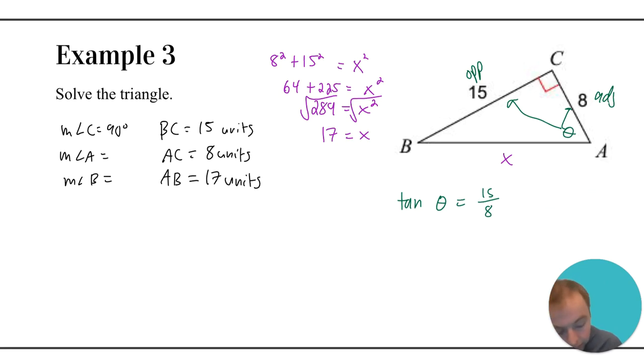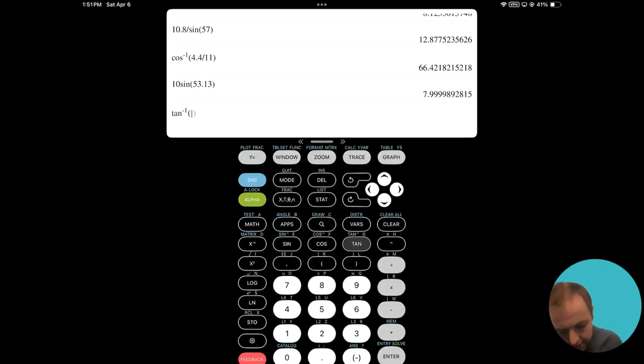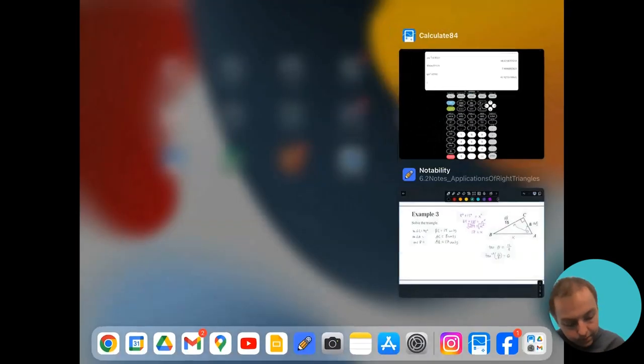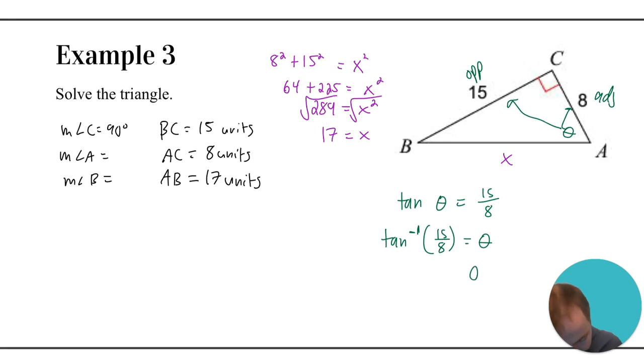So that means then equivalently we'd have to use an inverse tangent and plug in that ratio, and then that would spit out what the angle theta is going to be, right? So inverse tangent of 15 over 8 is going to give us 61.93-ish. We have figured out that angle measure.